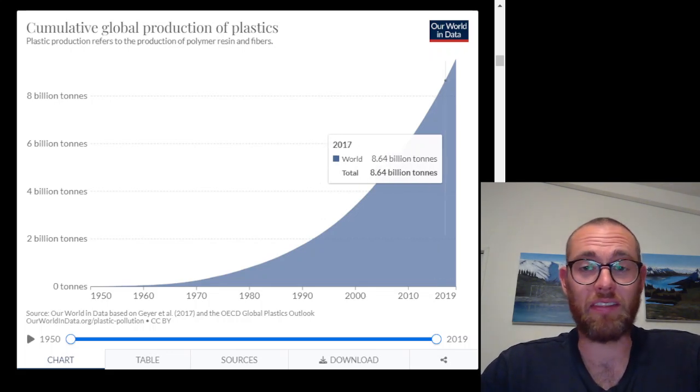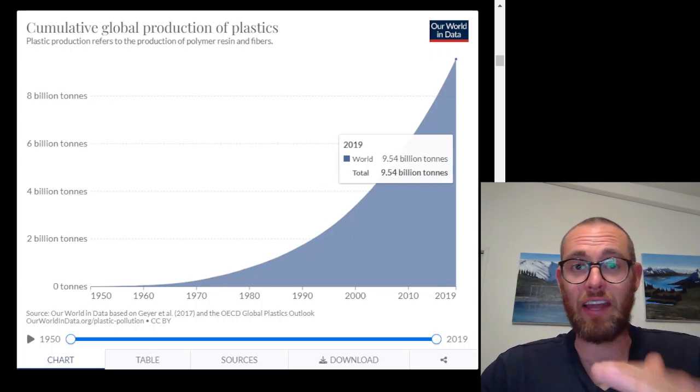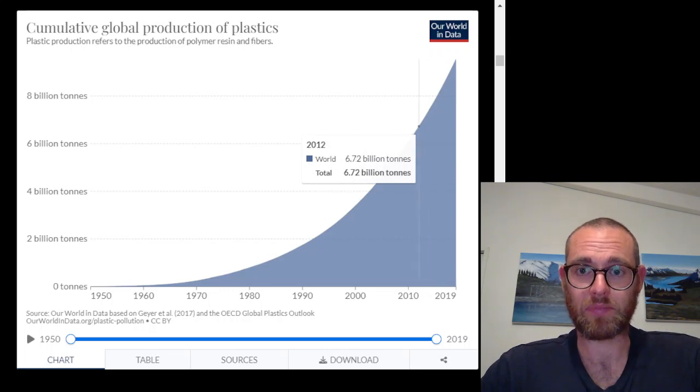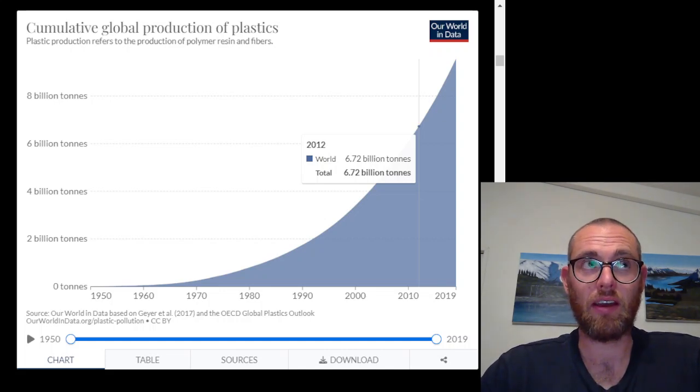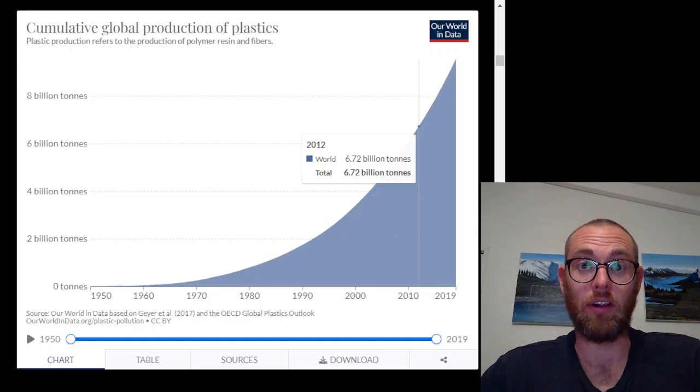But that curve is not going to flatten anytime soon. So we really need to think about what we do with the plastic that is already there. First, we need to reduce our plastic consumption, and then we need to reuse things, of course, and then we need to recycle that as well.